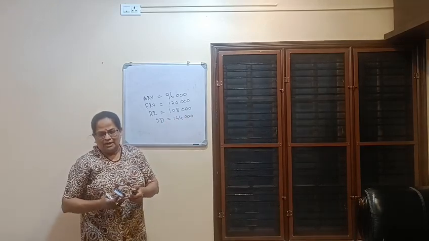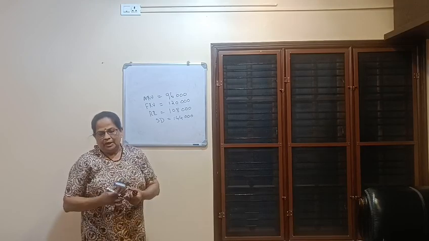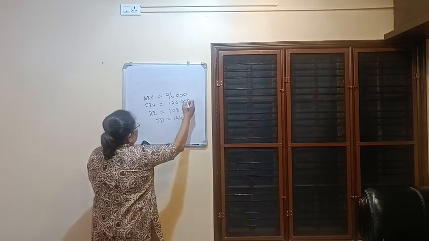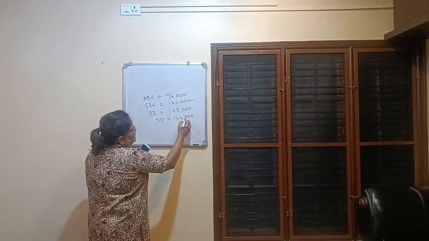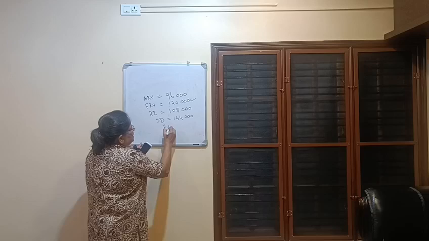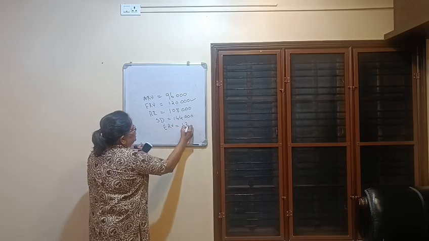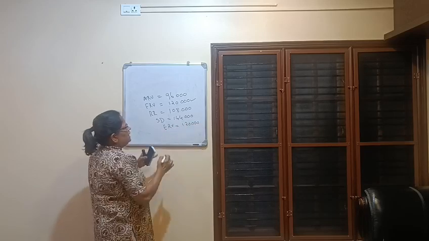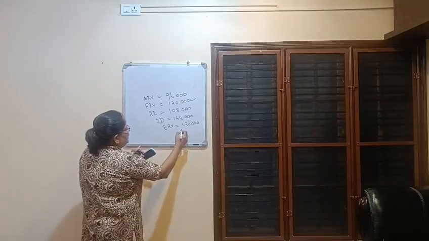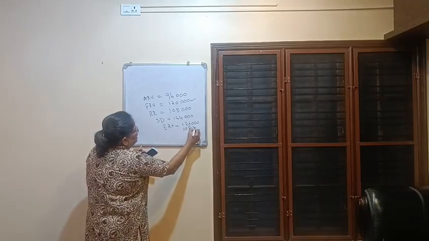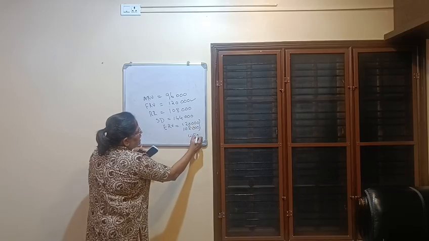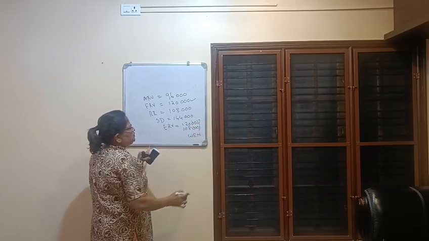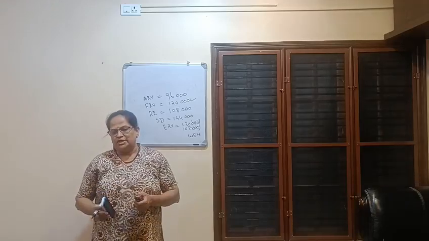First we have to calculate between MRV and FRV whichever is higher, 1,20,000, and between this and standard rent whichever is less. So expected rental value is 1,20,000. Now here real rent is given, so you have to compare that with real rent 1,08,000. Between these two, whichever is higher we will take. So here expected rental value is 1,20,000.